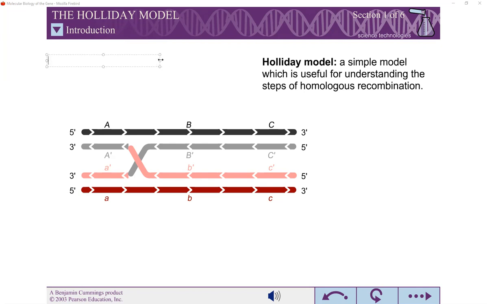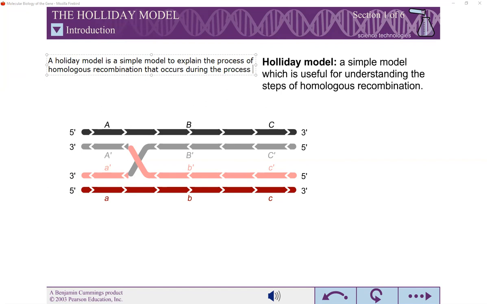Or I should rather write it like this: a Holliday model is a simple model to explain the process of homologous recombination that occurs during the process of crossing over at the time of gamete formation.